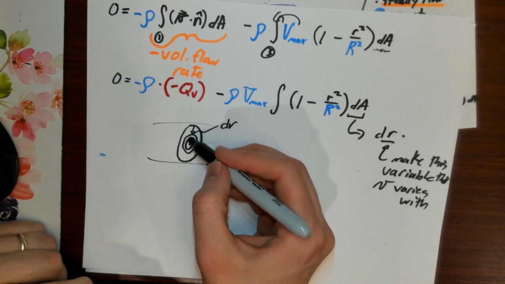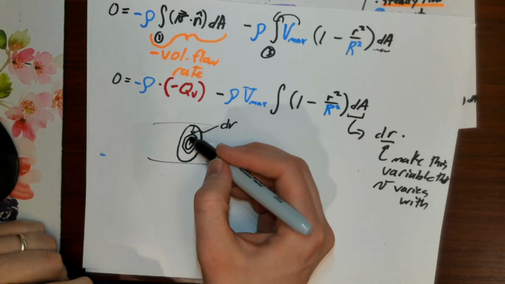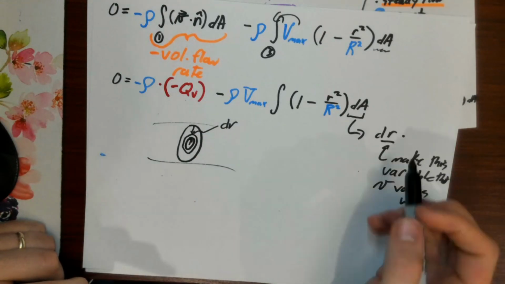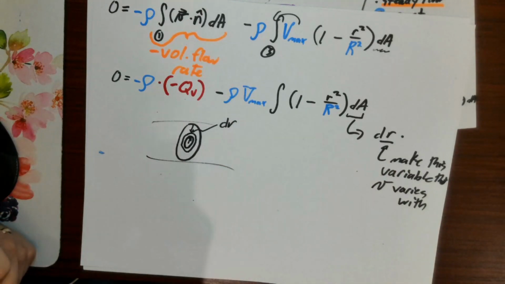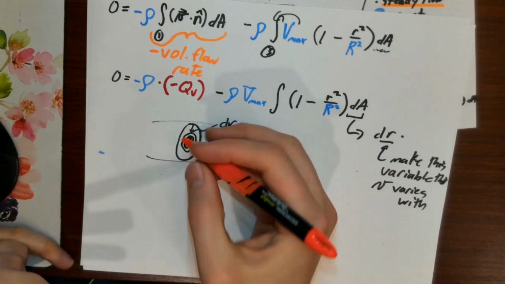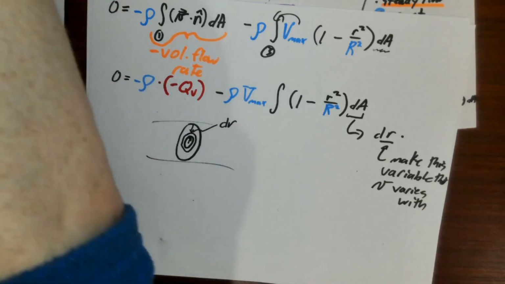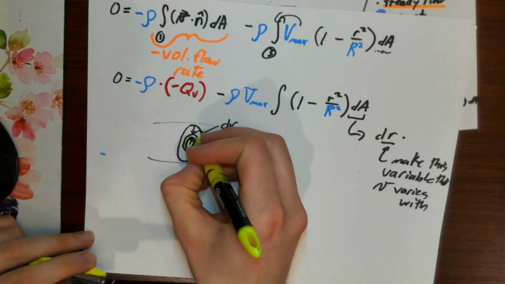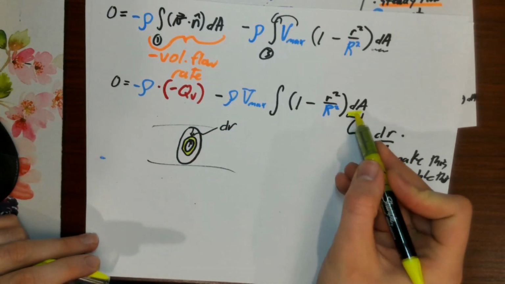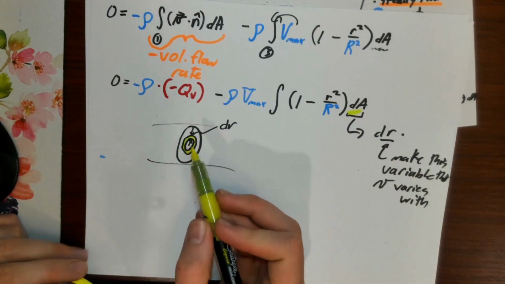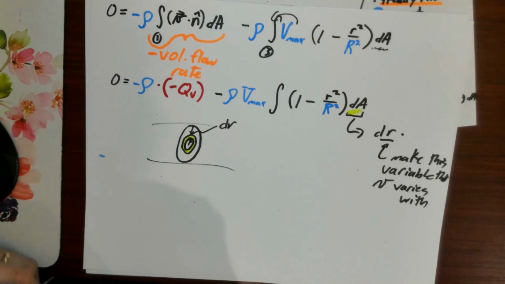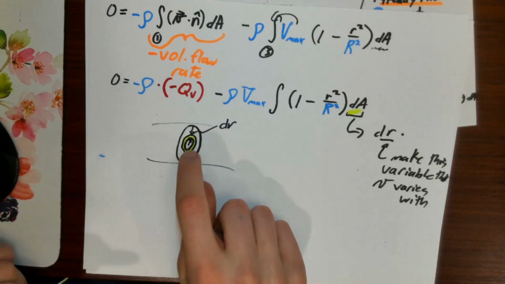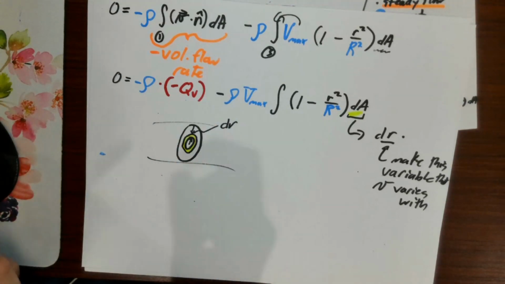Each of my concentric rings has a thickness dr. But so what is dA? dA is basically going to be the area of one of these rings, and each ring has a thickness dr.